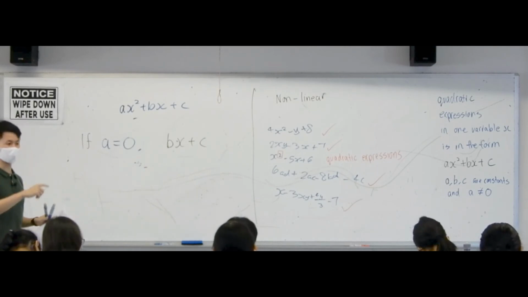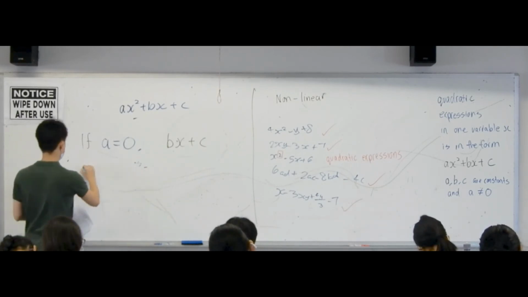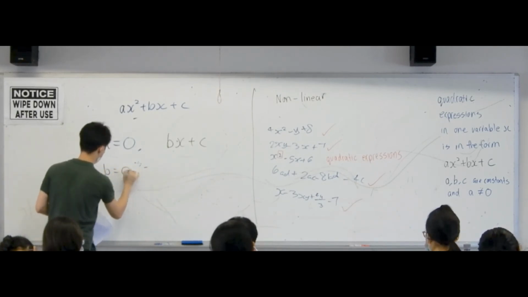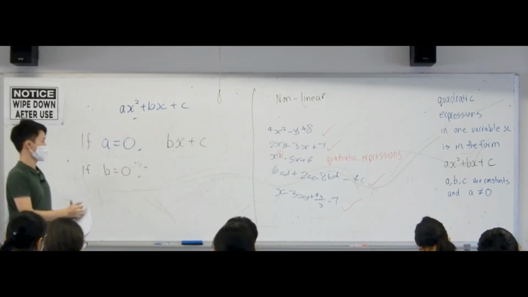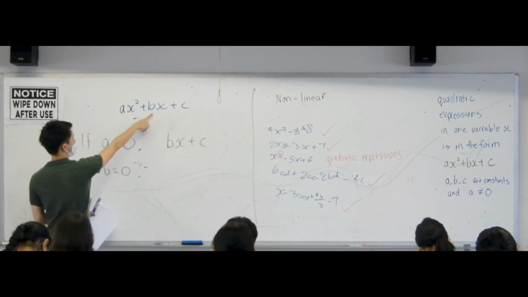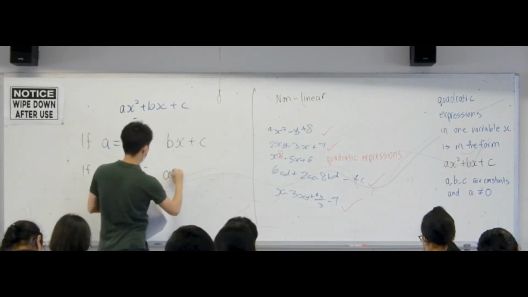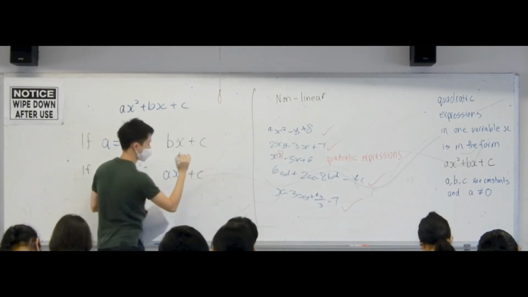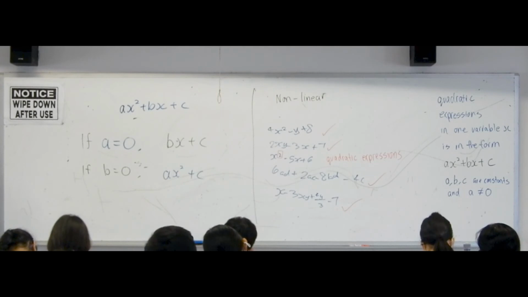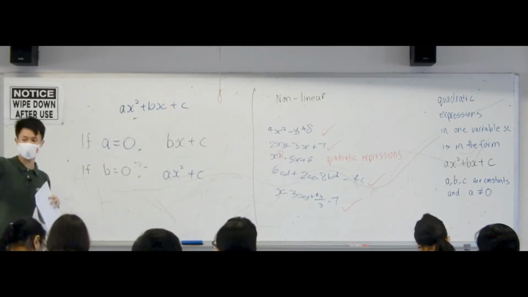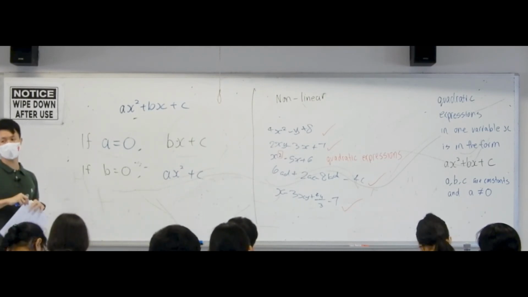Okay? Then let's look at what happens if b equals 0. Does it change the quadratic expression? Okay? So if b equals 0, we have ax squared plus c. Still quadratic or not? Think about it. Yeah, the fan say yes. Chloe, how about you? Quadratic?